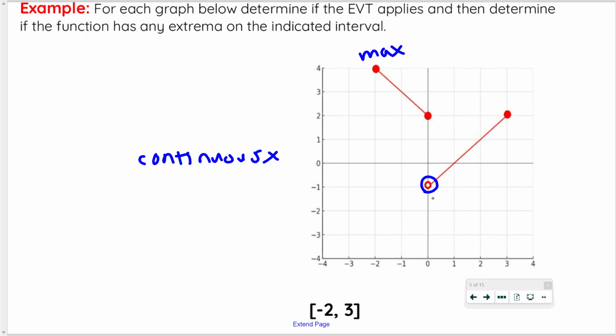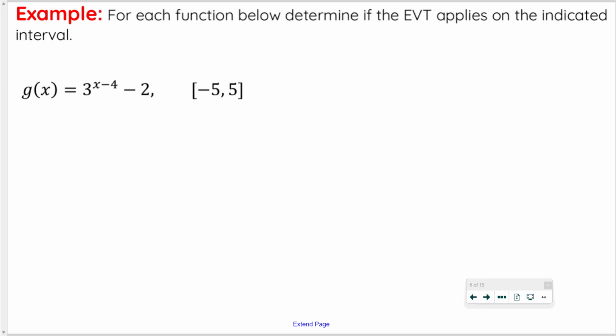Over here it looks like a minimum, but it's an open dot, so it doesn't actually include that point. And over here we have a minimum. We're going to talk about what kind of minimum that is later. And over here we also have another maximum. Again, we will talk about the types of maxes or mins later. But between -2 and 3, even though we can't apply the EVT, I can see that it still has max and min points.